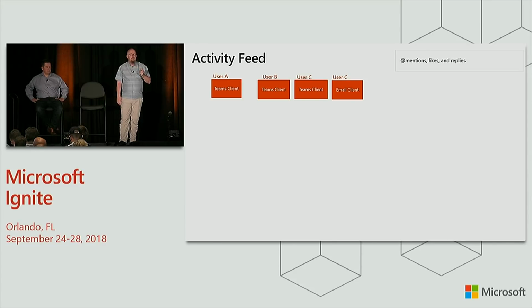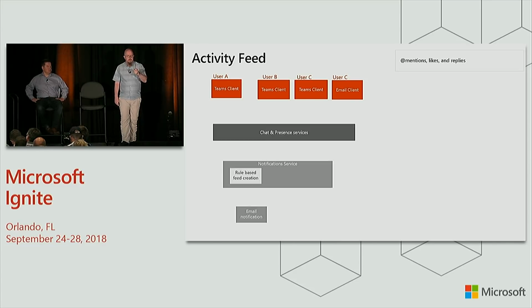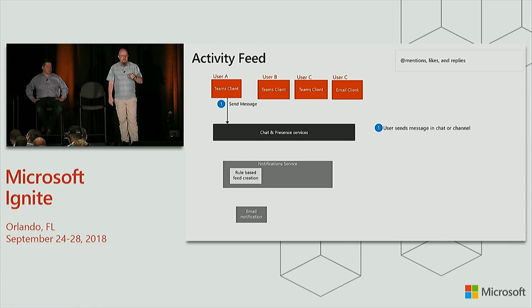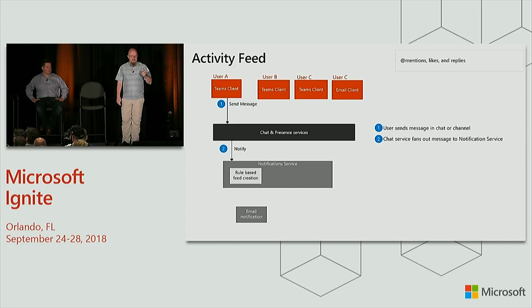So one of the things we had talked about earlier was this notification service. When you post that message, it's going to notify the notification service through the publish and subscribe. In this case, we're going to look at rules and figure out who this message is interesting to.